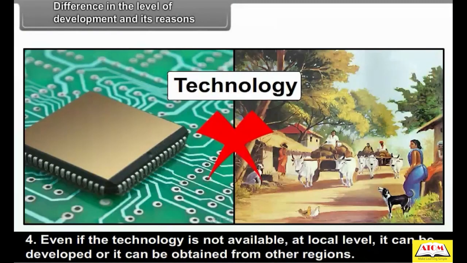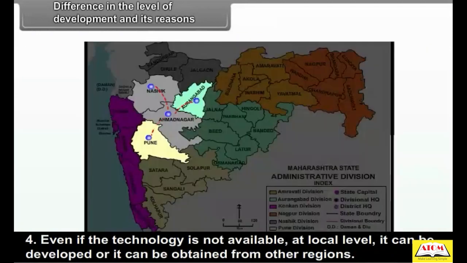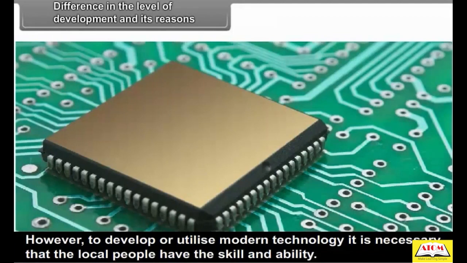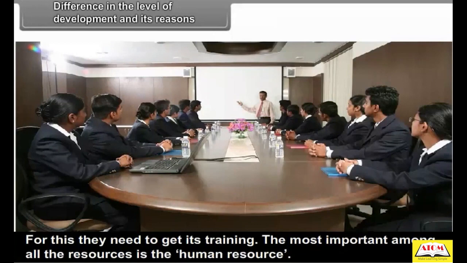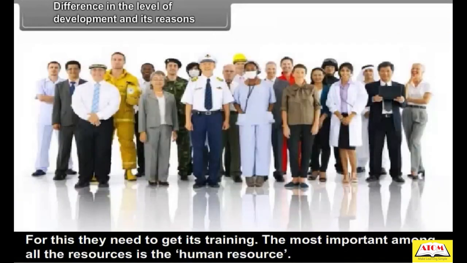Even if the technology is not available, at local level it can be developed or it can be obtained from other regions. However, to develop or utilize modern technology, it is necessary that the local people have the skill and ability. For this, they need to get its training.